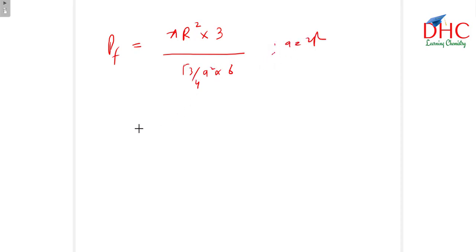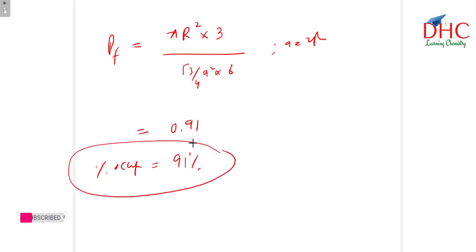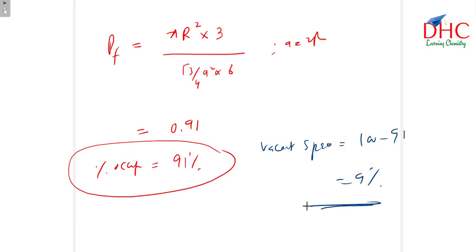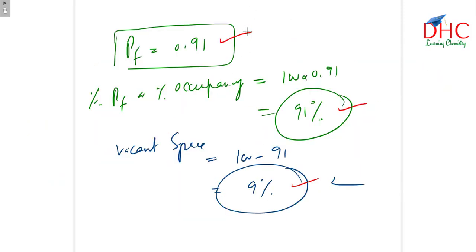Once you put the value here, you will come out to be again 0.91 and percent occupancy जो है that will be equal to 91%. Obviously, जो vacant space इसमें बचेगी, so that is equal to 100 minus 91, that will be 9%. So it's exactly the same as what we find in case of a triangular void.